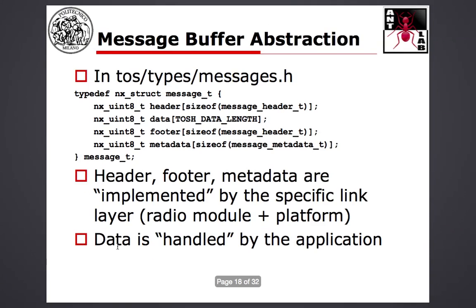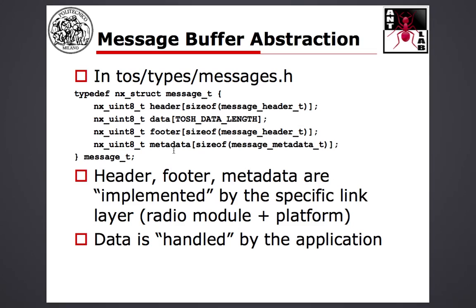There are a couple of abstractions already included in TinyOS which can be used for message manipulation. The type of data used in TinyOS for sending messages is the so-called message_t, which is basically a structure type. This variable has different fields. In particular, it has 4 fields: header, data, footer, and metadata.